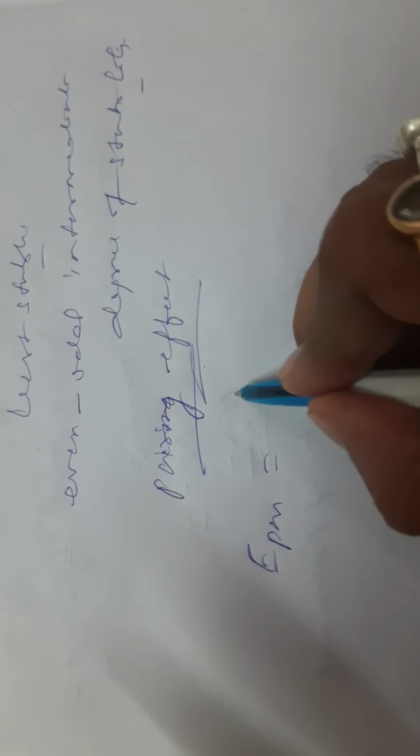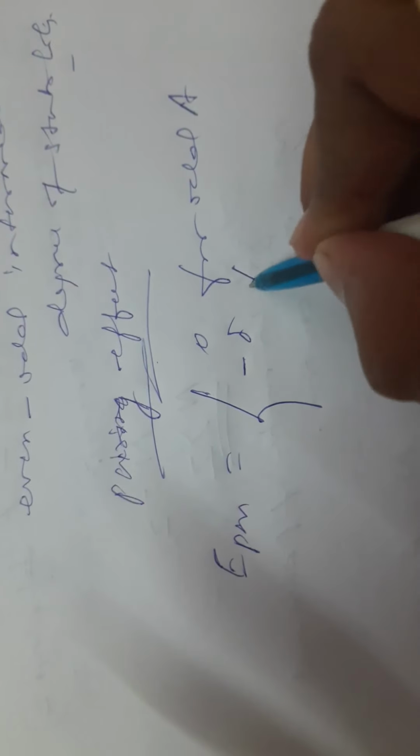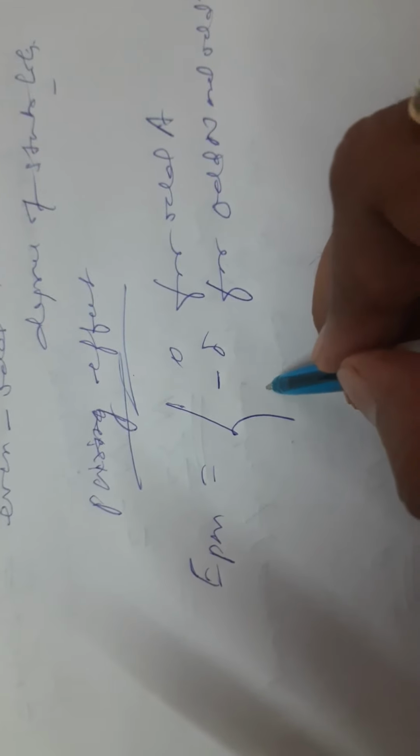So the pairing energy E pair may be expressed as 0 for odd A, minus delta for odd N and odd Z, and plus delta for even N and even Z, right?